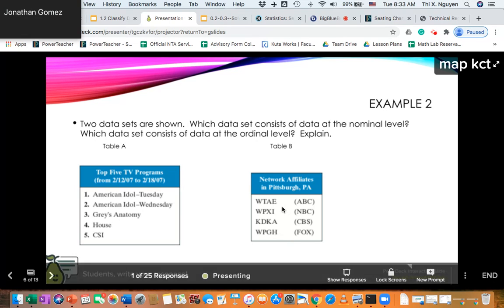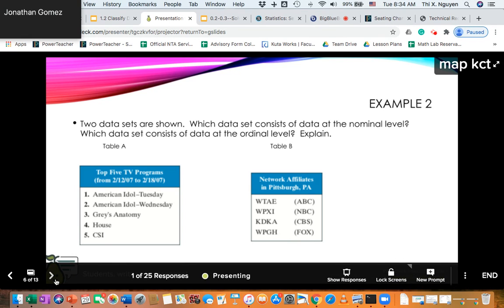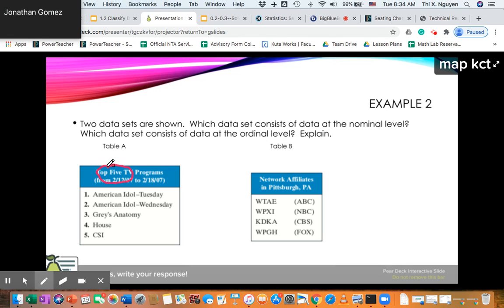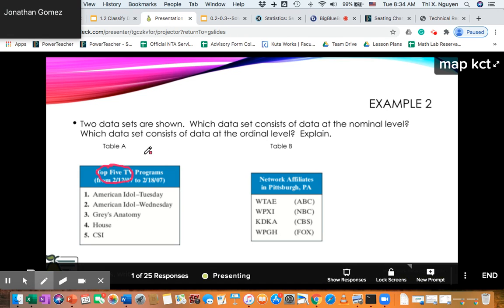I have all the names over here. So if I look over here, the key thing is this is top 5. When you say top 5, top 10, that means you actually put them in order. You rank the TV programs. So for this one it is the ordinal, okay?